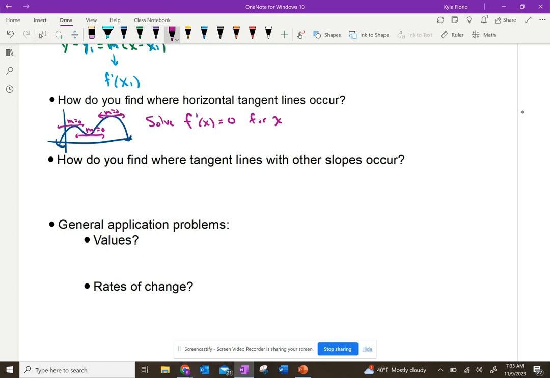How do you find where tangent lines with other slopes occur? Well, say the slope isn't 0. Say I want to know when the slope is, I don't know, -7 or something. You just set the derivative, which is the slope, equal to the given slope.